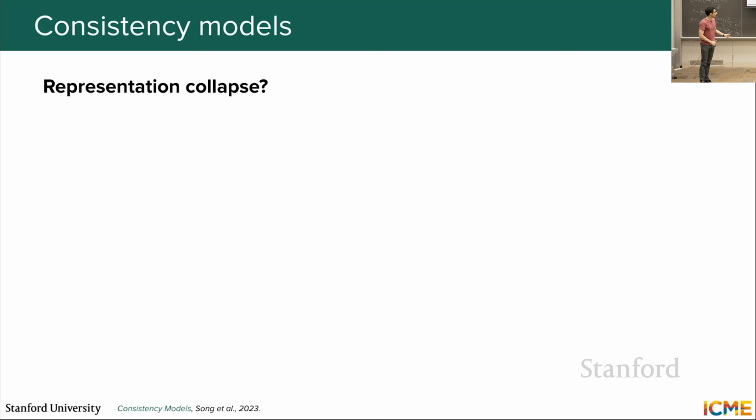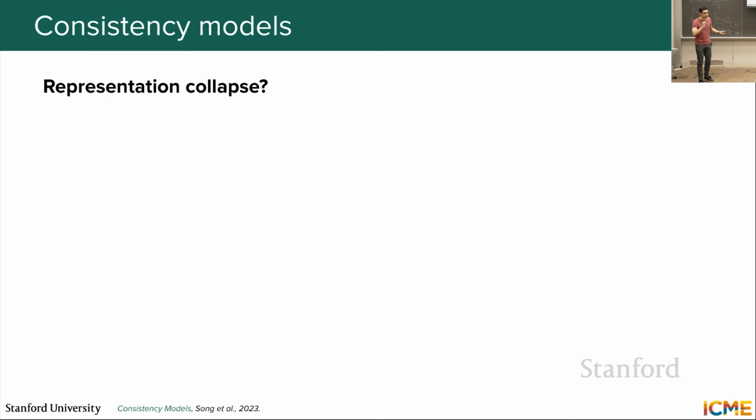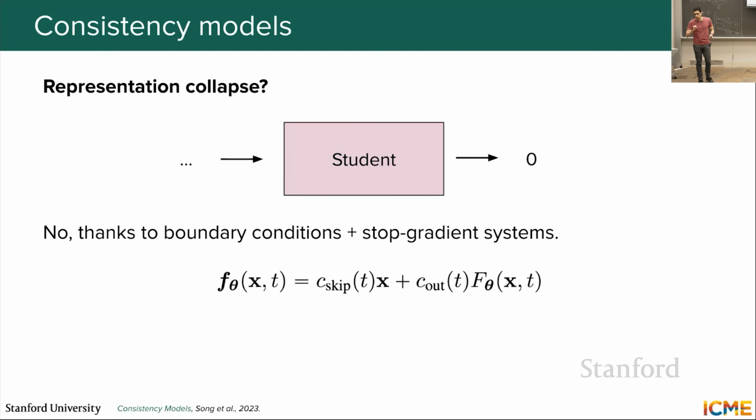And okay, here you might say, very well, Shervine, but if you only force these representations to be consistent with each other, you could well have a student that says, don't worry, I will always predict 0, that way they're always consistent. And maybe my loss will not be looking very pretty at the boundaries, but it's fine. Well, you have a way to prevent that collapse with two tools.